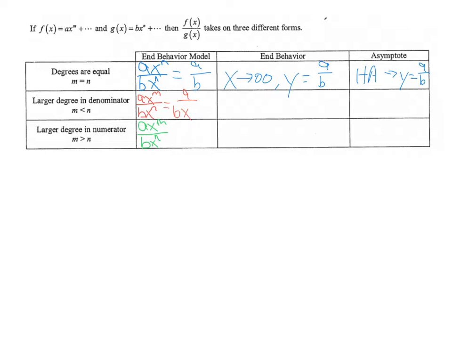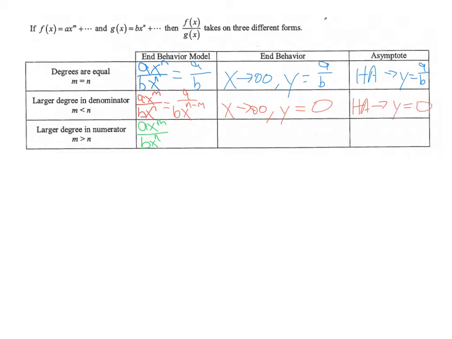It's going to be n minus m in the bottom, because n is bigger. And we know that when there are x's left over in the bottom, in general, then we can say as x gets close to infinity, y is going to get close to 0. So again, 0 is a number, so we do have a horizontal asymptote.